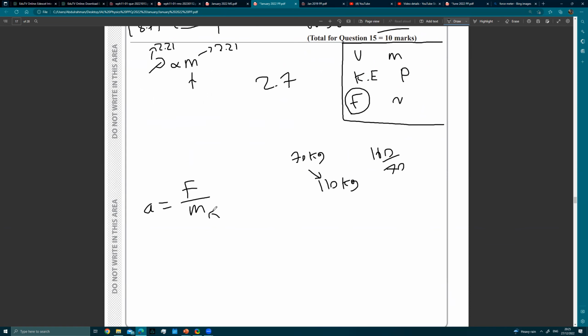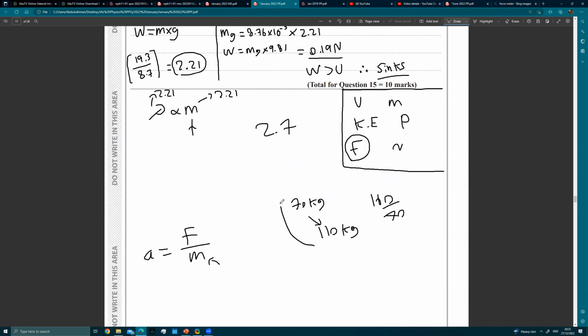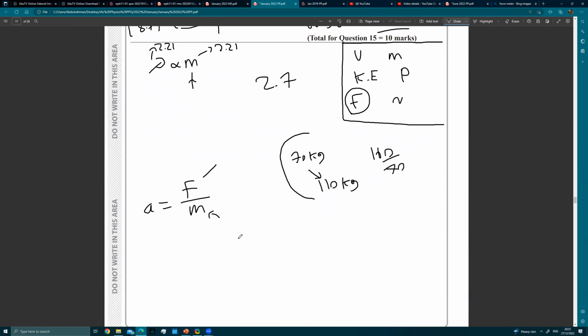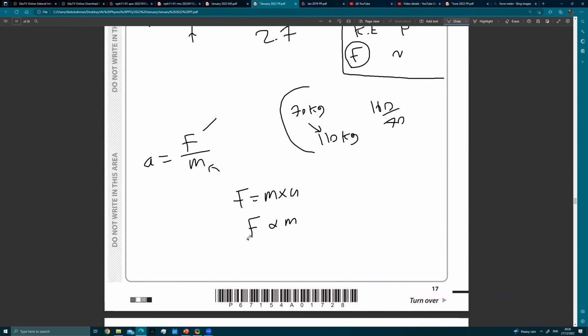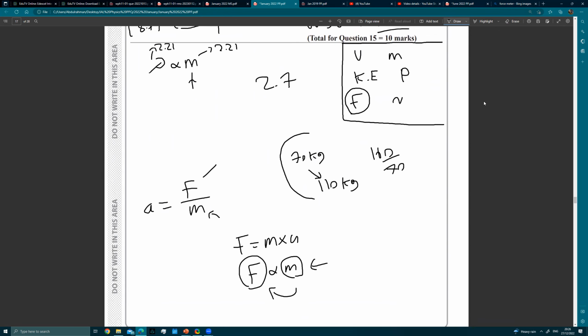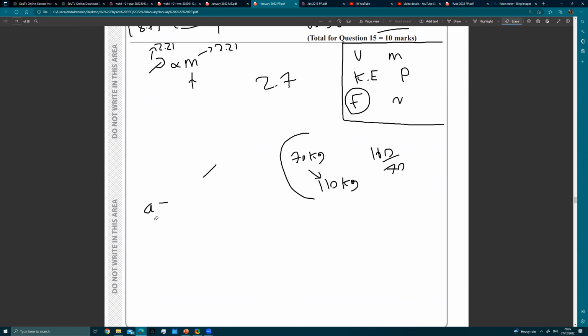It doesn't tell me anywhere. But what you could use is this relationship. You could say, oh, look, F is equal to M times A. So you could say force is proportional to mass. So what you can say, oh, if the force increased by this much, the mass must have increased by this much. Or if the mass increased by this much, the force increased by this much. So it's just trying to find a relationship from some sort of equation. It's very hard to teach and use, but it does come up every now and then.